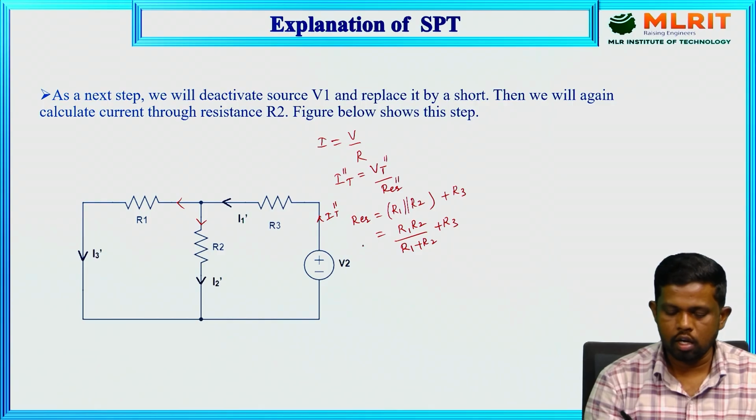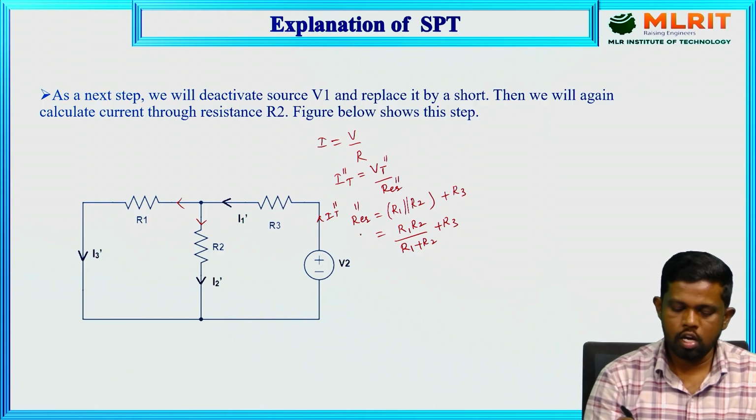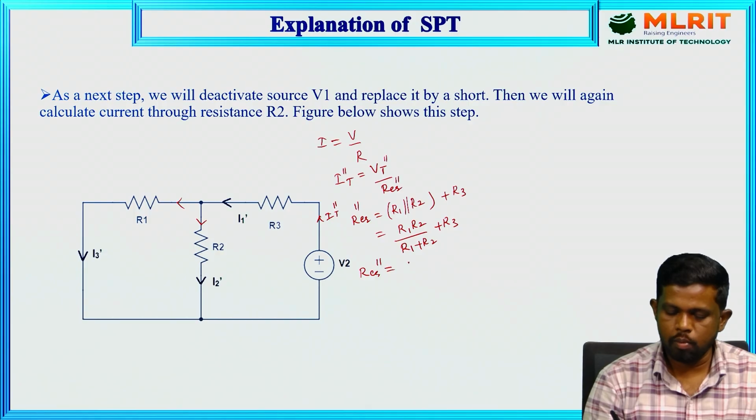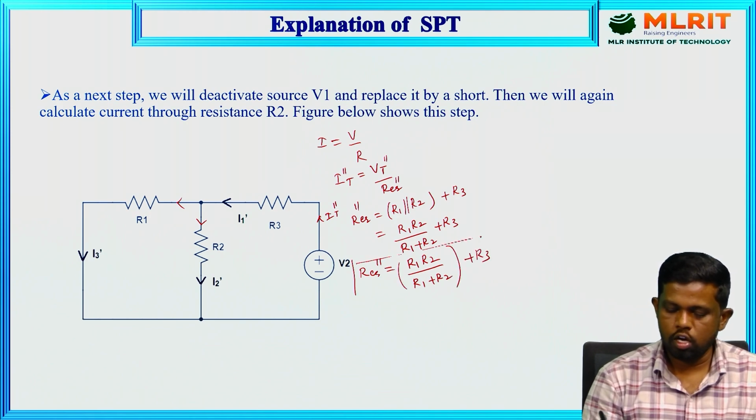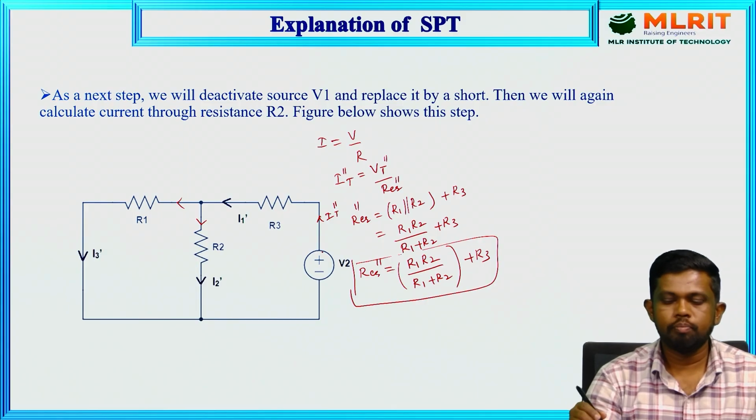So R equivalent double dash equals R1 into R2 by R1 plus R2, plus R3. This is the equivalent resistance value of this network.